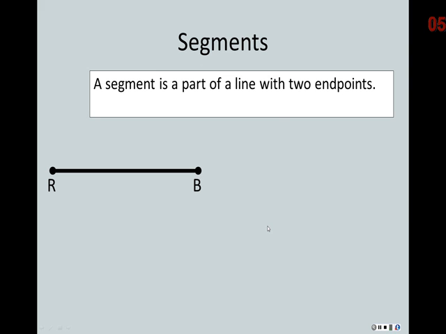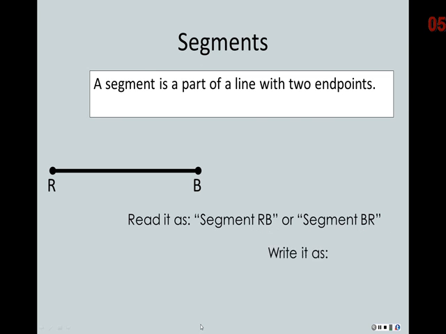So the way that we would read it is we would say the segment RB or the segment BR, whichever way you want to label it. And when we write it as an ending line, no arrows on the end. So the line segment RB, the line segment BR. You have no arrows there, that indicates it ends, and so it's a segment.